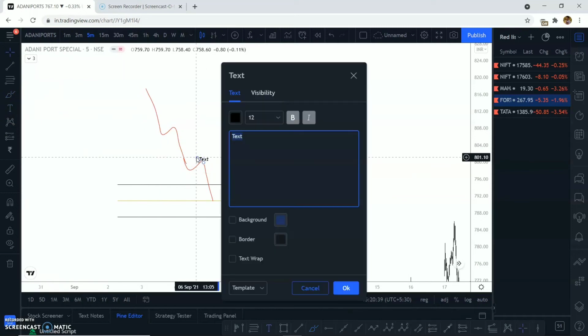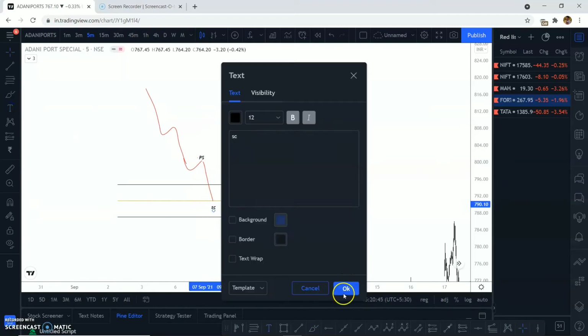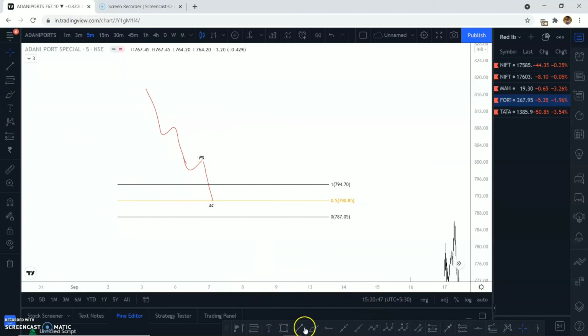This is your PS, your preliminary support. The price comes here, creates SC. After SC, obviously you will see some reaction. Now it's not necessary that the SC will come at 0.5 or at 1. It can come anywhere. Then the prices will move higher, create AR.